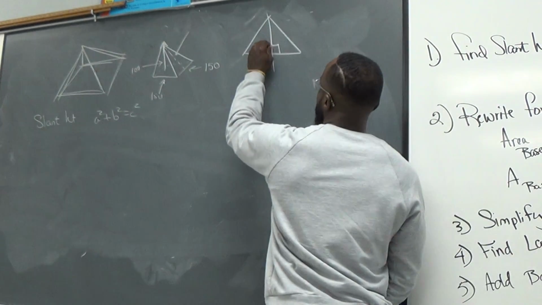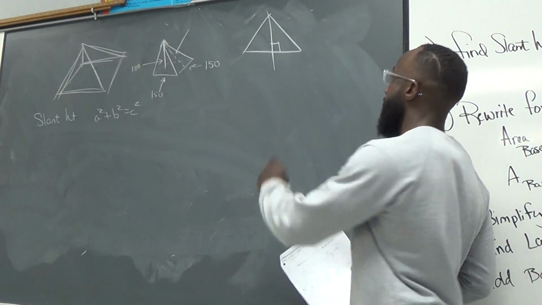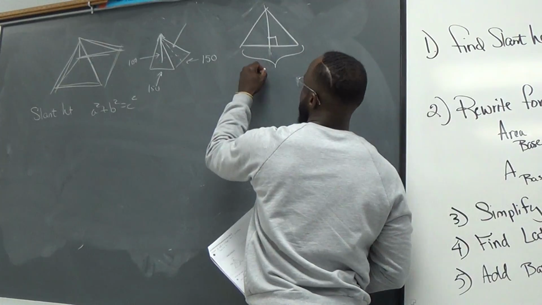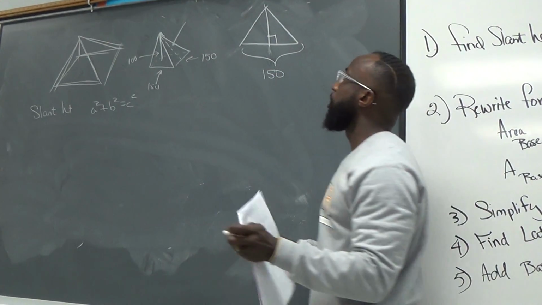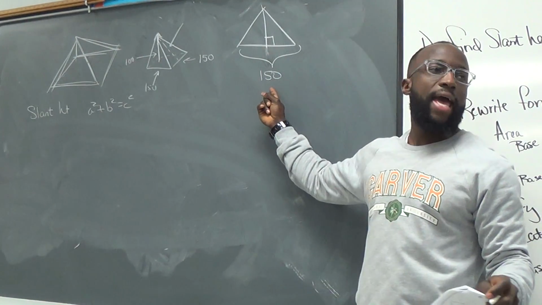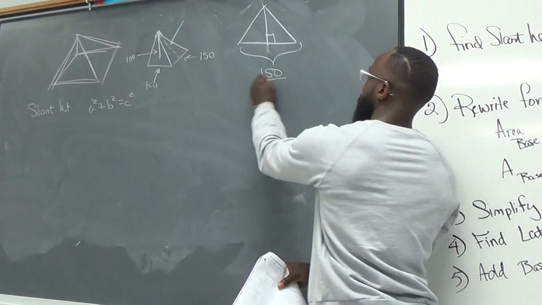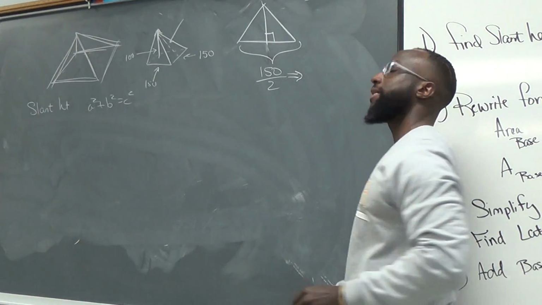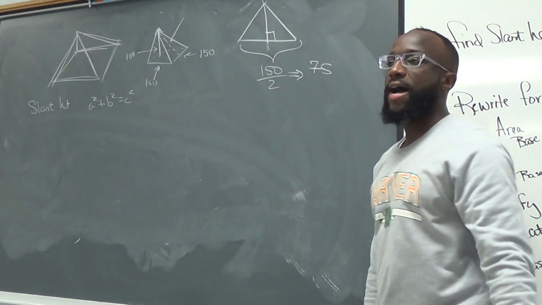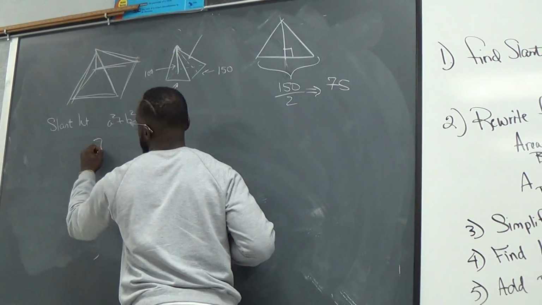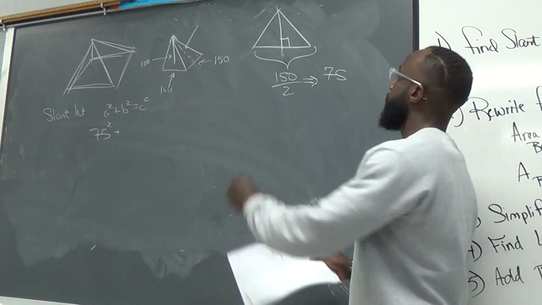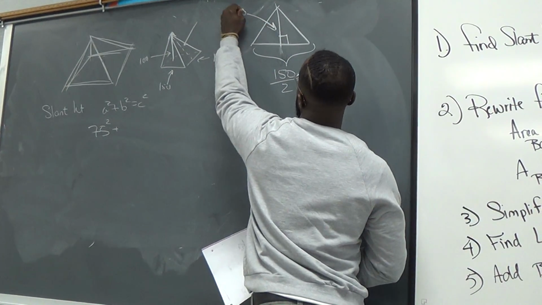We've created this right triangle from a triangle that has a base of 150. So this triangle cut in half would have a base of half of 150, which is 75. The height of this triangle is 100.